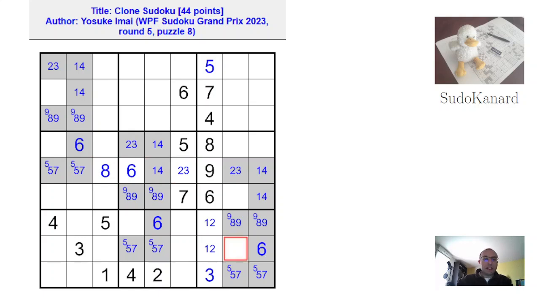And this now is a 4. 5 goes here, so this here is a 7, and this here is a 5. 7 here goes there. This is from 2 and 3. We're left with 1, 4, 9 on this row, so this is from 1, 9, this is from 4, 9.